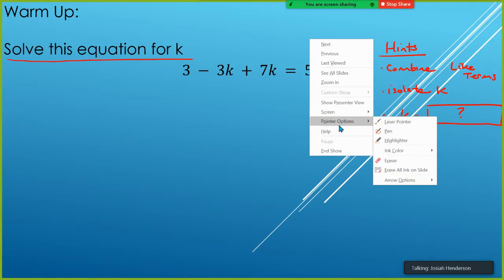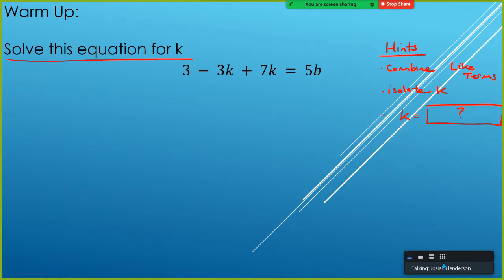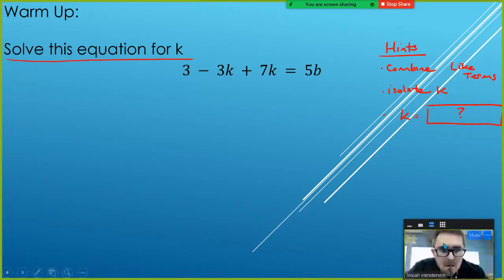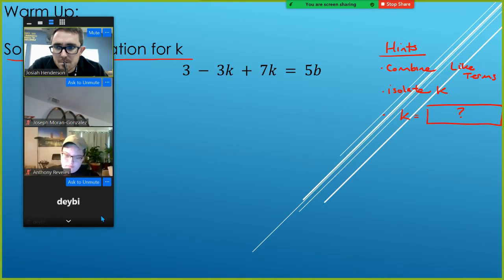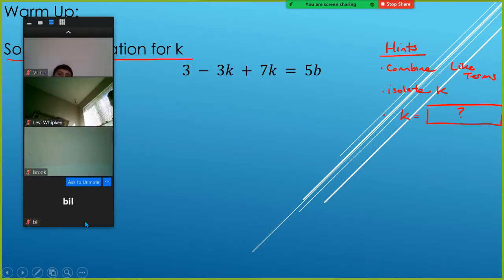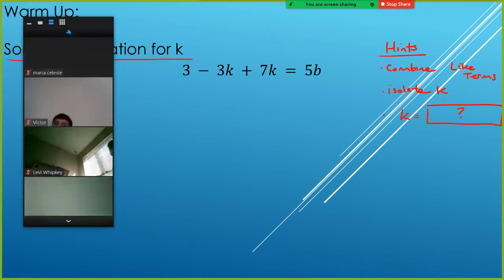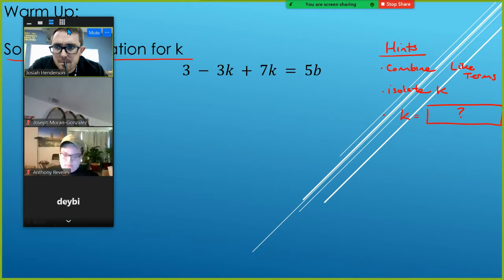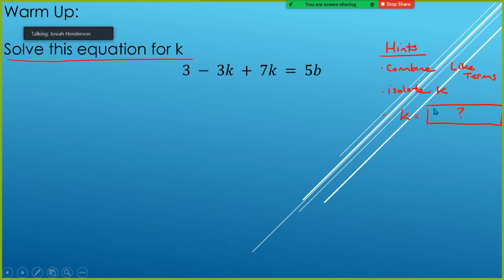Now, with a little more time, does anyone have either a final answer they'd like to share, or even just a partial? Like, did you get started and get some of it done, but maybe didn't get k all by itself yet? Please, anyone be willing to share what they got? No? Okay. Well, let's talk about it.